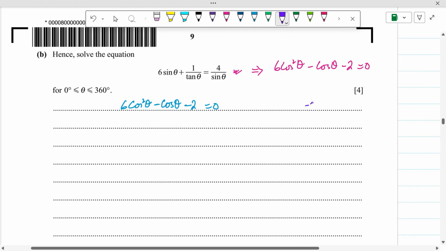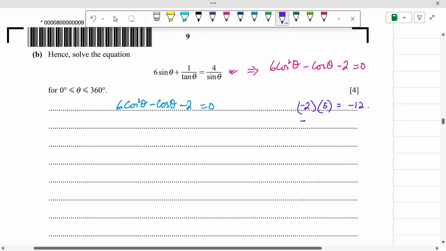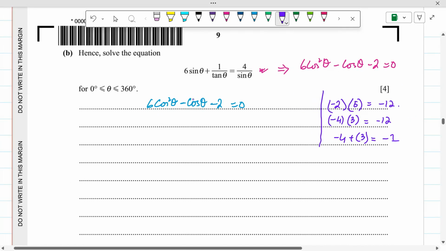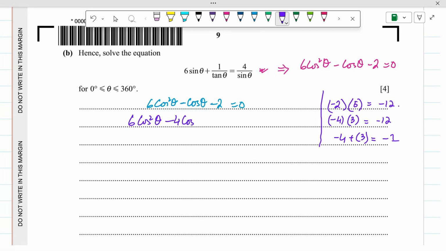For example, negative 2 times 6 is equal to negative 12, and negative 4 times 3 is equal to negative 12, and when we add negative 4 plus 3, it is equal to negative 1. So we can use the factorization method, that is 6 cos square of theta minus 4 cos of theta plus 3 cos of theta minus 2 equal to 0.